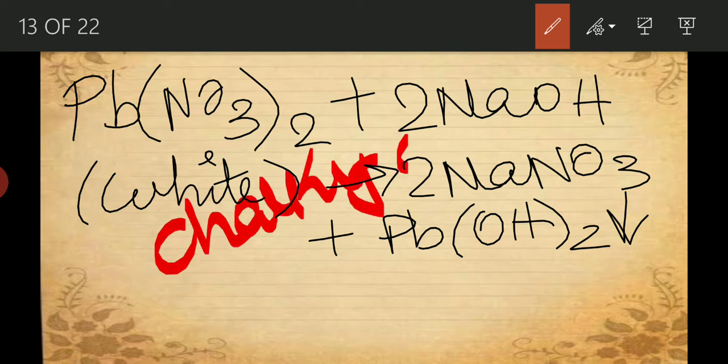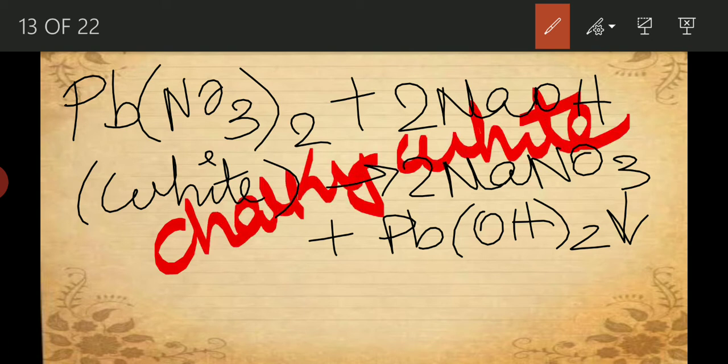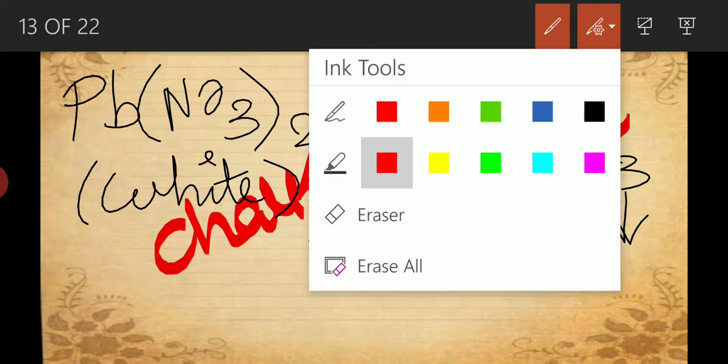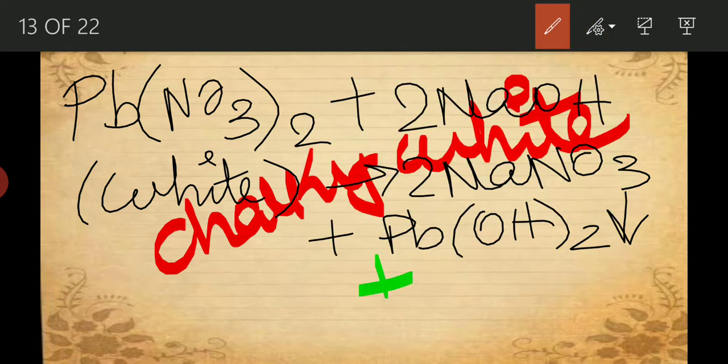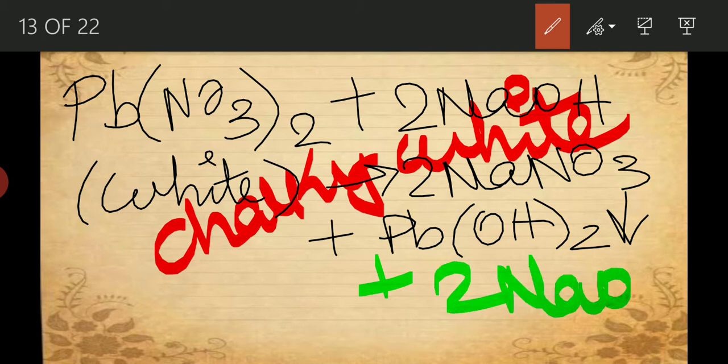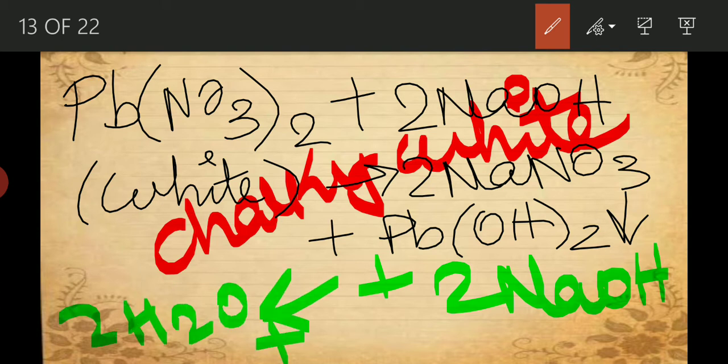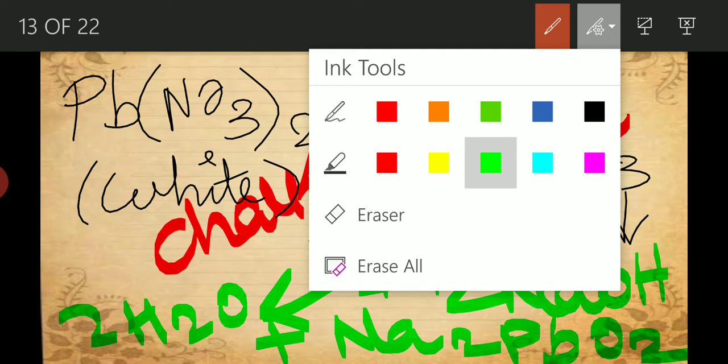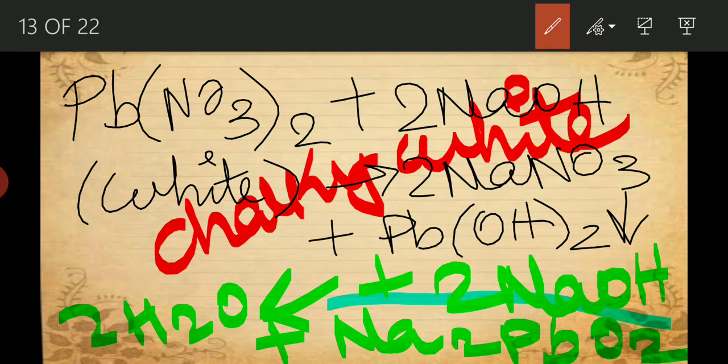We will get a chalky white PPT, lead hydroxide. Clear? Now when this lead hydroxide reacts with excess NaOH, then what will happen? We will get water and sodium plumbite, Na2PbO2.